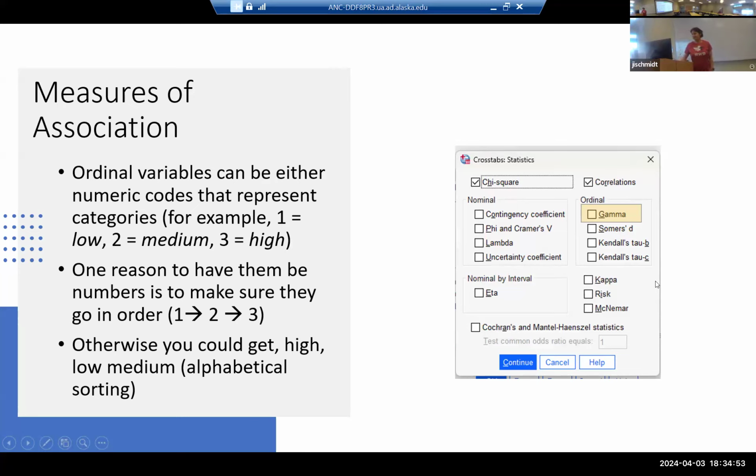It's very nice when you're dealing with ordinal. 1, 2, 3 will automatically be sorted in the right direction. Low, medium, and high, if you put those alphabetically, they would not be in the right order at all. You have to be ordered specifically in the direction that you need. Because if you did it alphabetically, it'd be high, low, medium, and that won't make any sense.